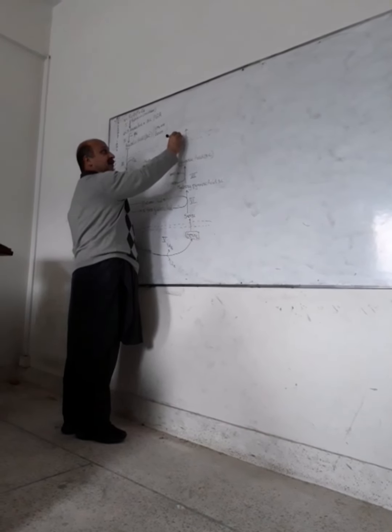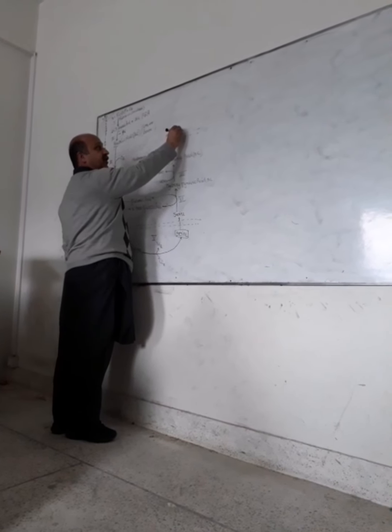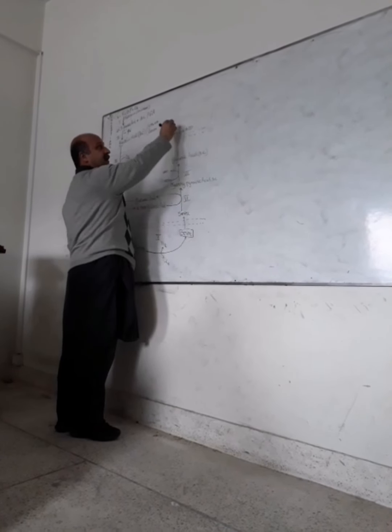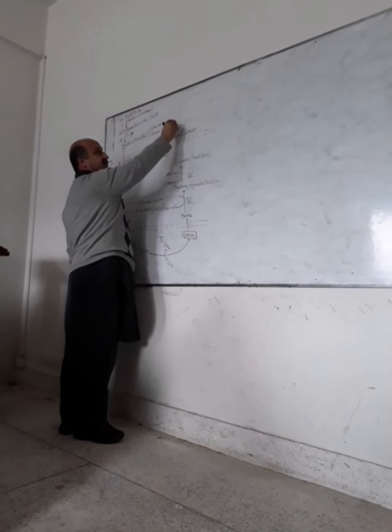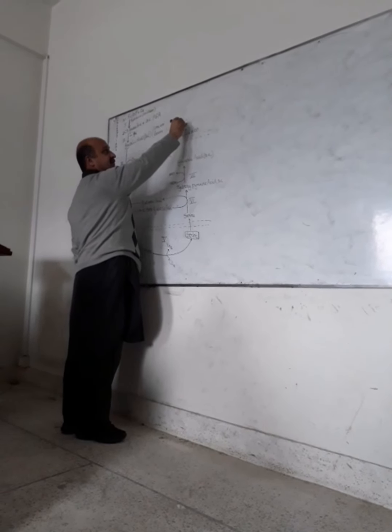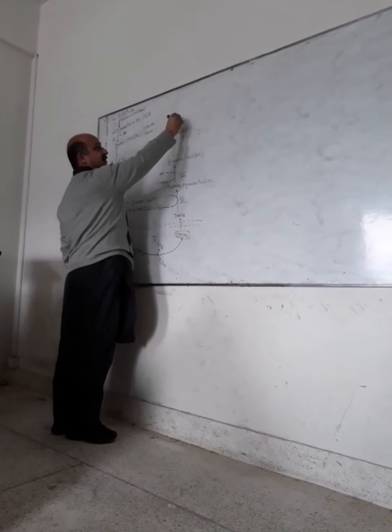The ATP reaction produces a 3-carbon compound which is known as phosphoglyceric acid.